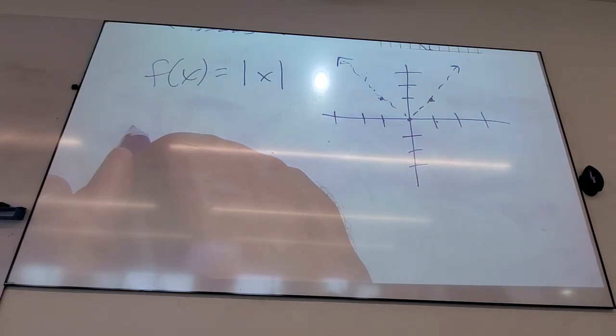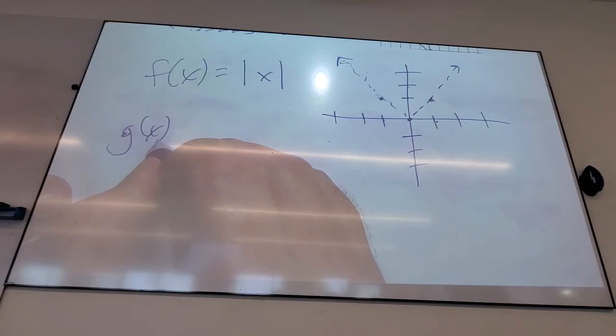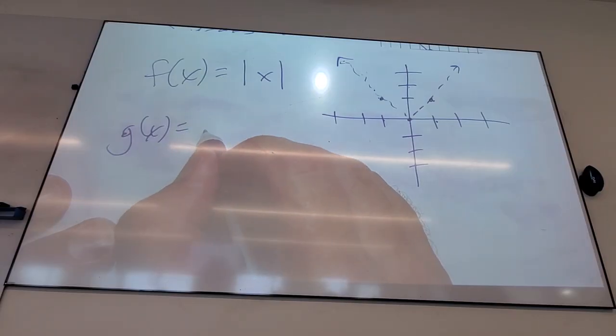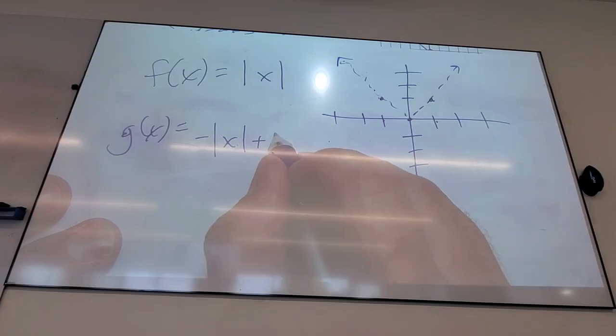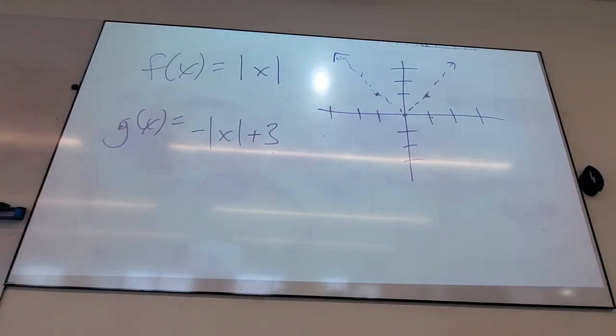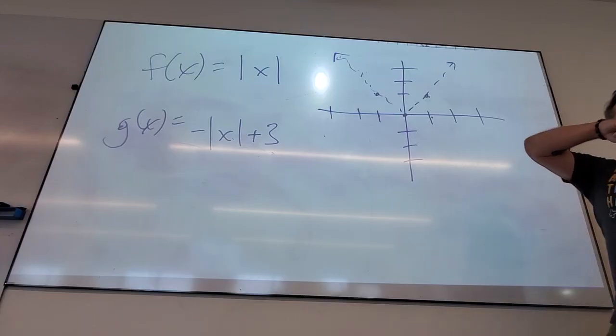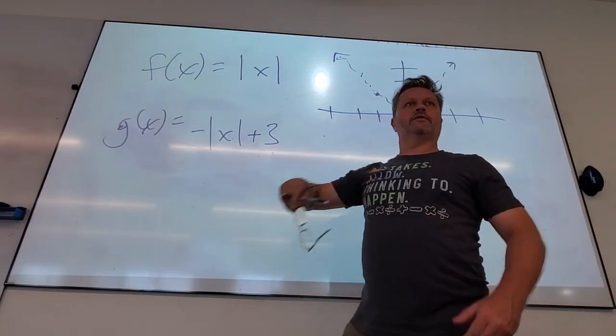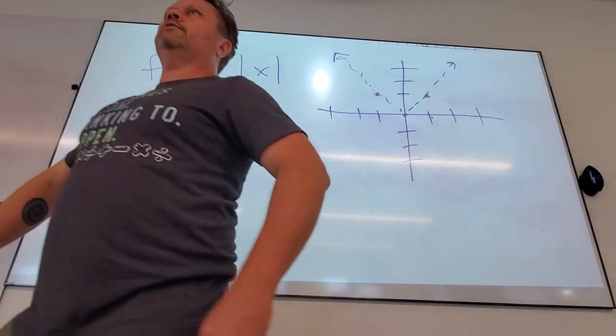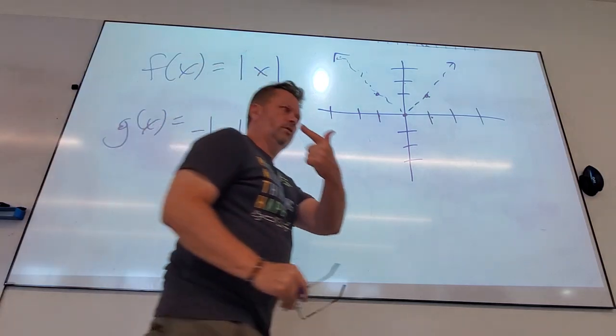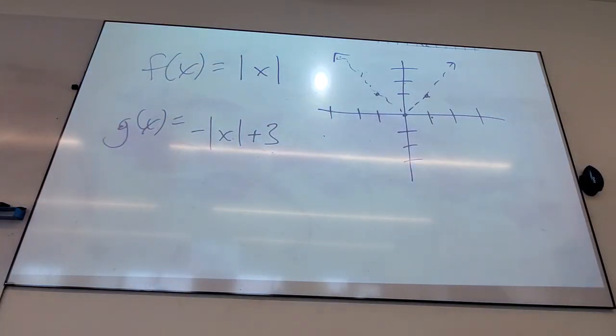Alright, so what if I wanted to graph this? Okay, good. So we already know it's going to end up being down, right? So list the 2 transformations. Everybody sees 2, right?